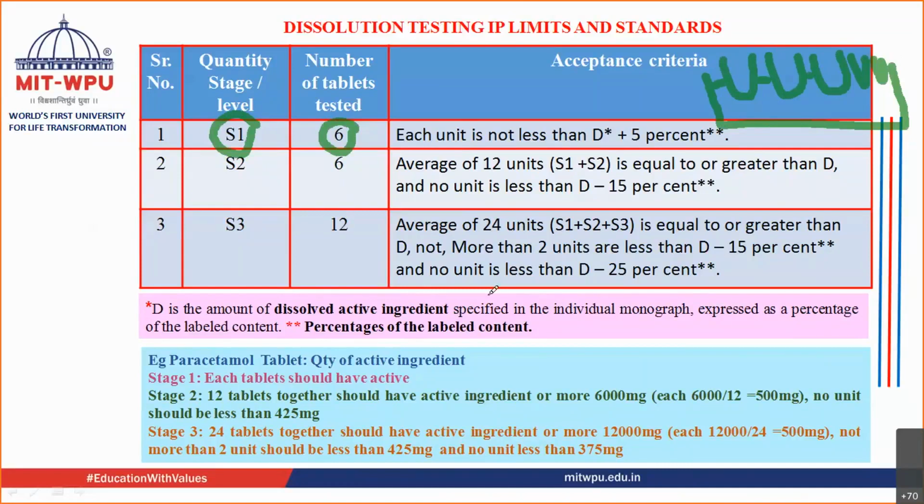So you can have 6 vessels, 8 vessels, 3 vessels, or even 1 vessel. Depending upon how many vessels you have, the first test is carried out for these 6 tablets. In one flask, you are going to put only 1 tablet.